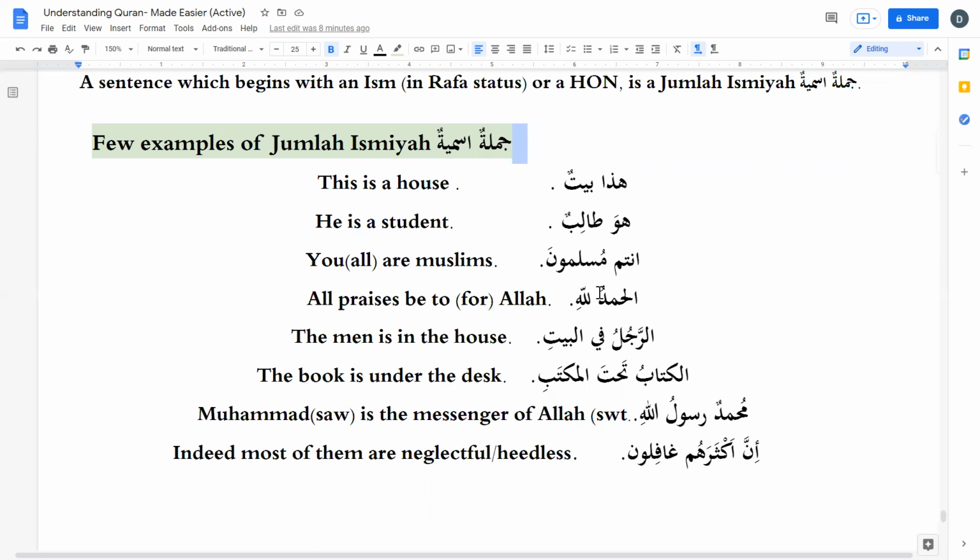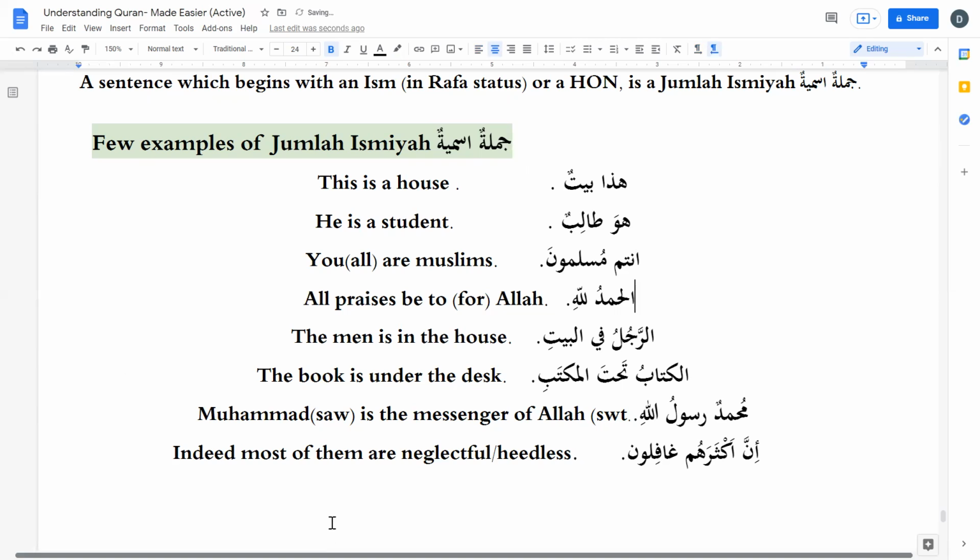So lillahi is a jar majroor fragment. Whenever you see, let me write it down somewhere.